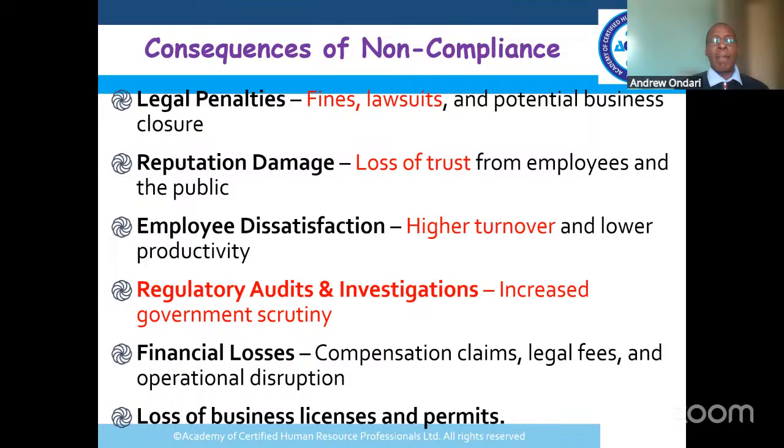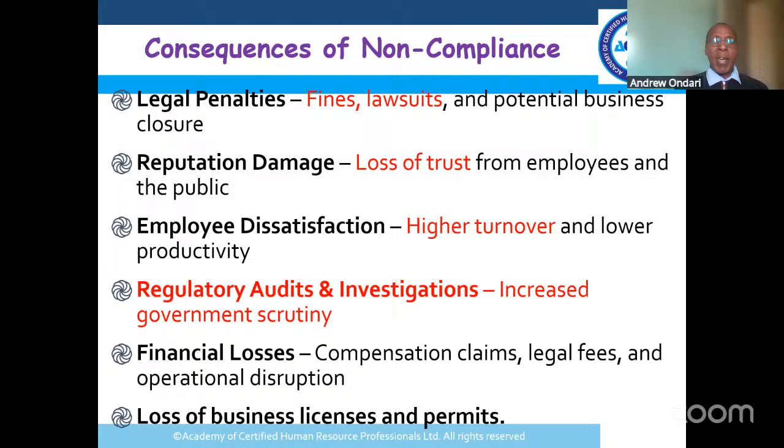And then another cost related to lawsuits is money. The money you are using to go to court is not your money, it's the organization's money. And the cases can drag for years because of postponement and other issues. So you spend organizational money traveling to and from law courts because of an offense that was committed.